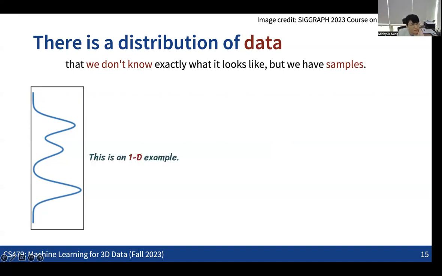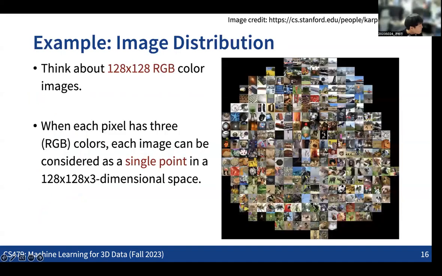So let's think about an example. Say we have tons of RGB color images with a resolution of 128 by 128. Let's think about having a set of images.